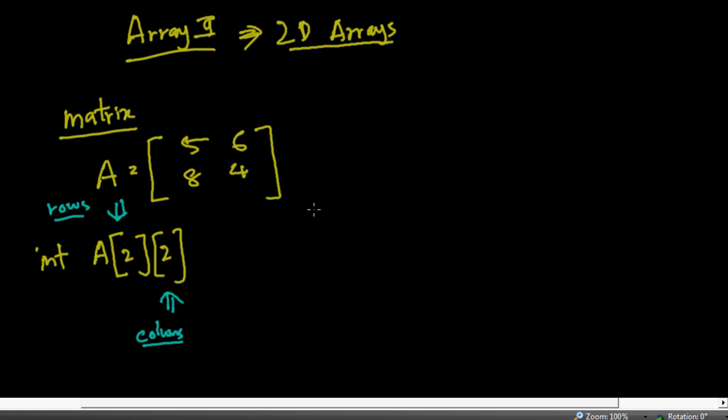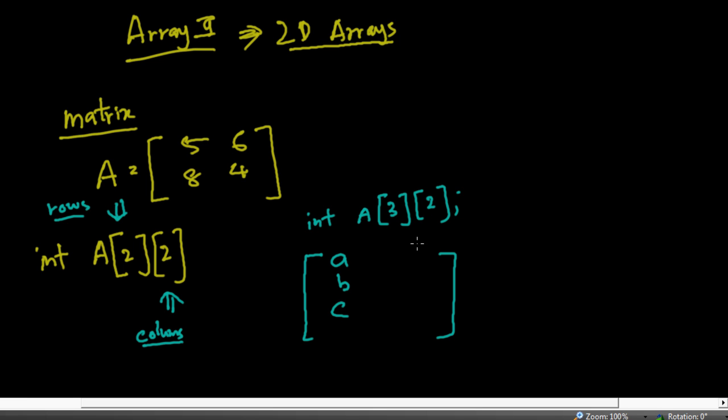Say for example, I'm creating a 3 by 2 matrix. So essentially, I've created a matrix that can hold 3 rows, A, B, C, and 2 columns, D, E, F. Just created this.